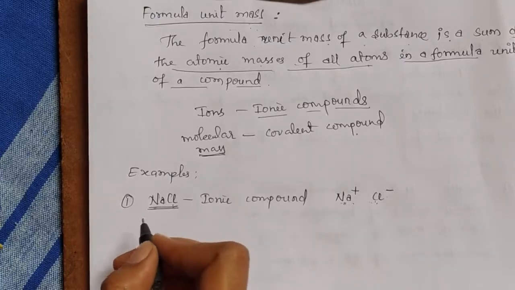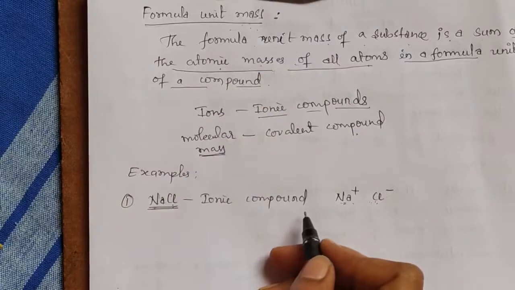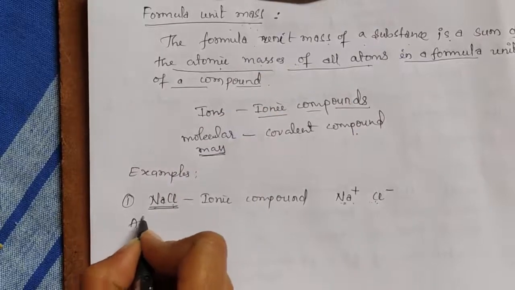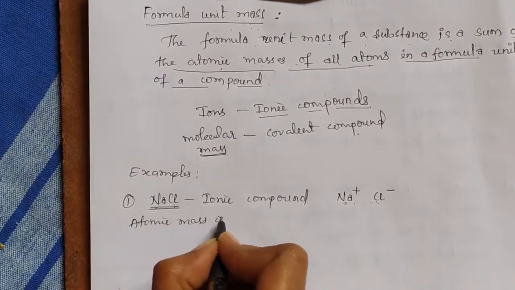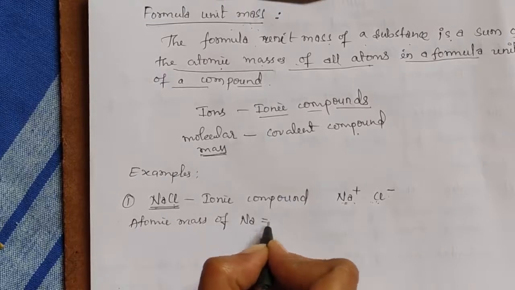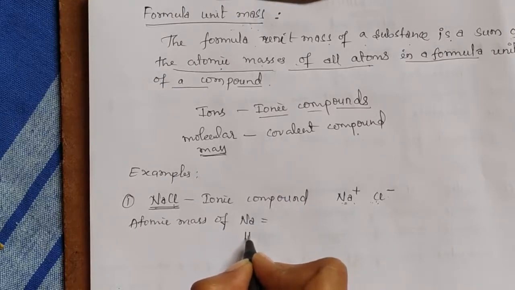So now, to calculate the formula unit mass, we should know the atomic mass of the respective elements. Atomic mass of sodium: we know that the atomic number of sodium is 11. Almost, atomic mass will be double the atomic number.